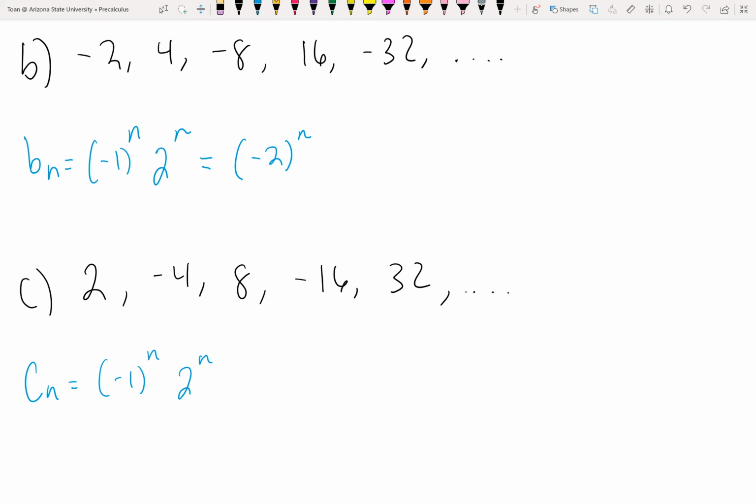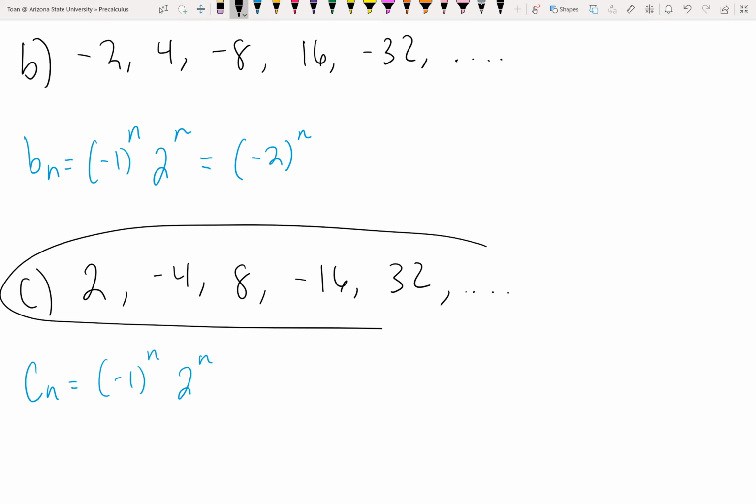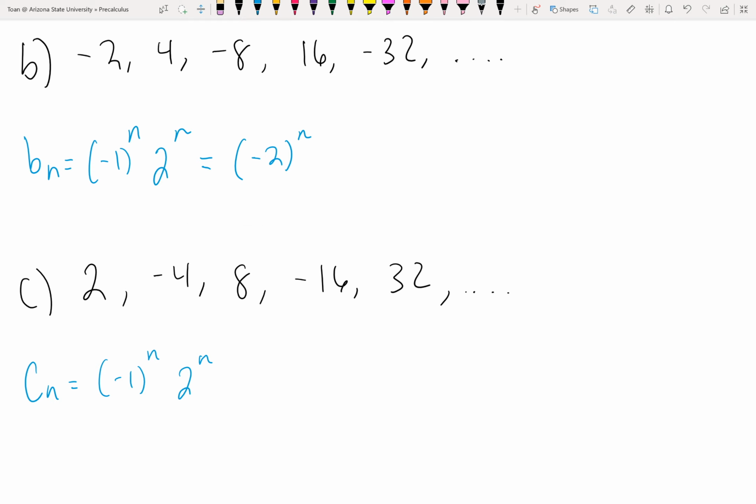Well, it turns out that in this particular sequence, we want to delay the negative. We want to offset the negative by one term. Mathematically, in the equation, the way you do that is you shift the exponent by 1. In this particular case, it really doesn't matter. You can do n minus 1 or n plus 1 because the base number is -1. Okay.